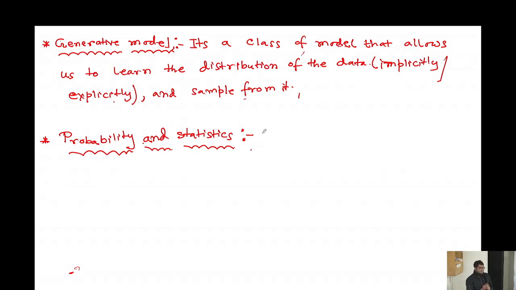And these two laws, anyone is aware of what are these two laws? One is the sum law of probability, the other one is the product law of probability, right? So there are two laws primarily that we need.